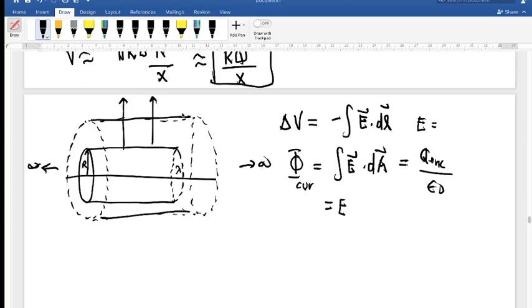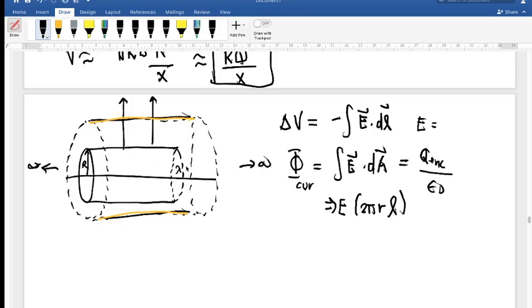Okay, so let me just put a yellow, it is constant here. The flux at the ends is zero. So we have E, then we have A. So what is the A of the curved surface, which is equal to 2 pi R L.